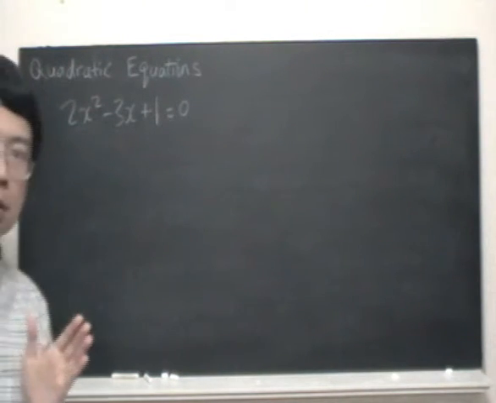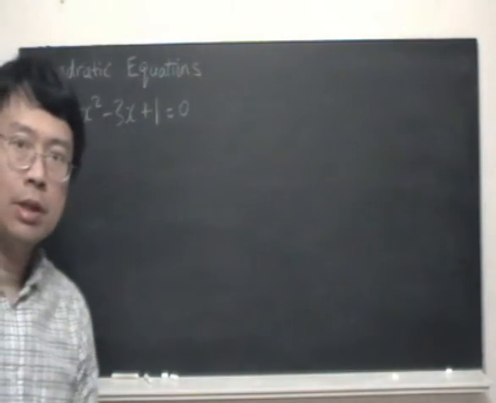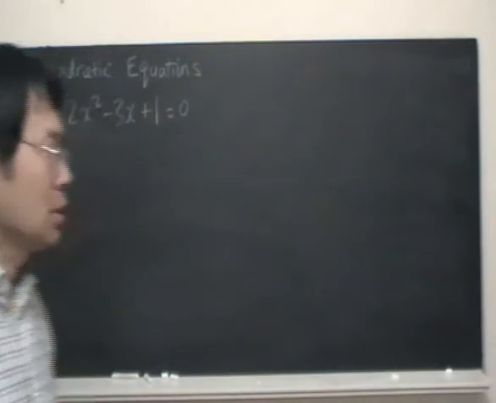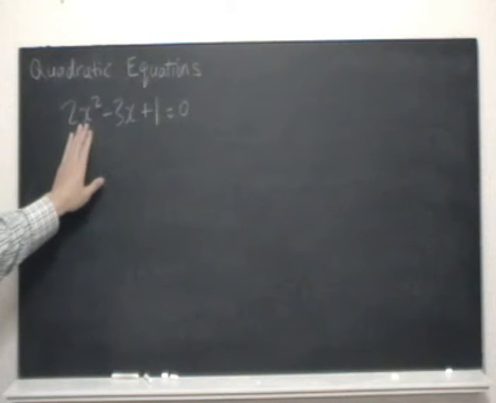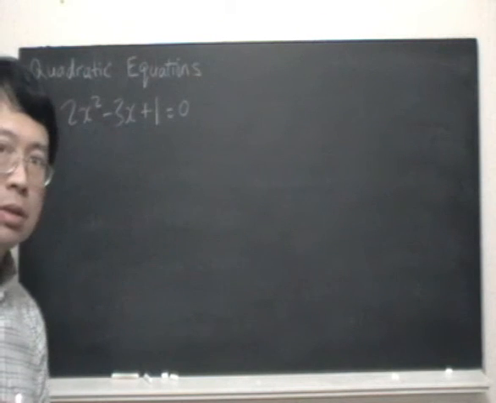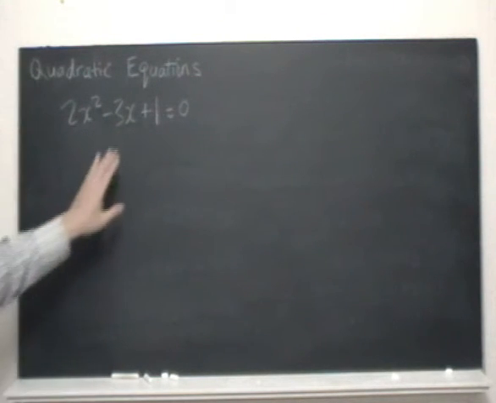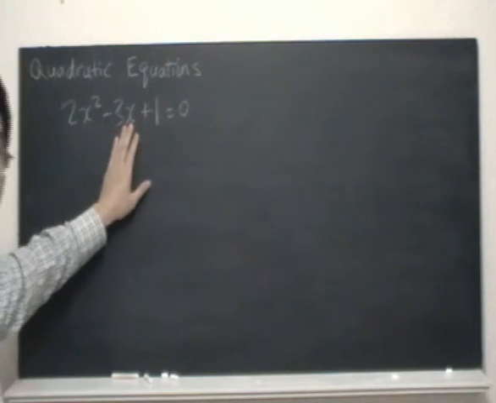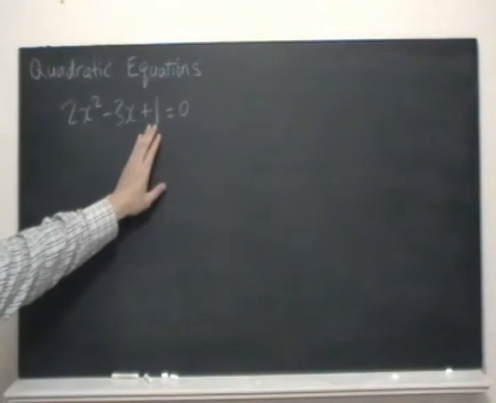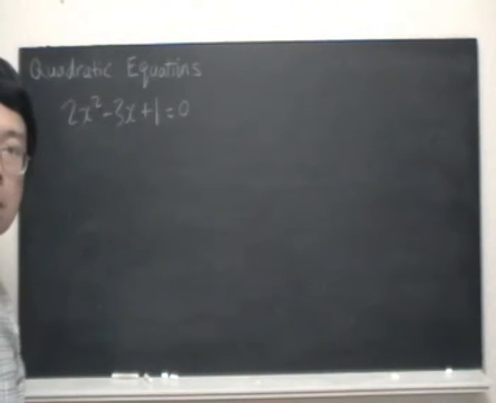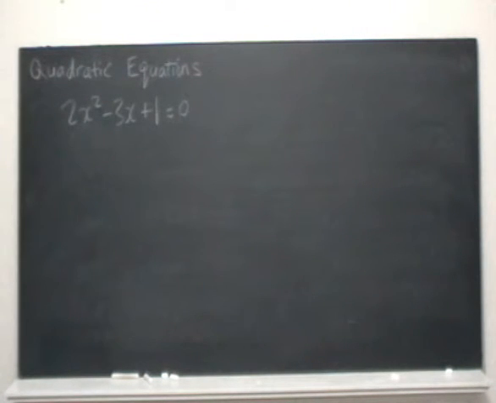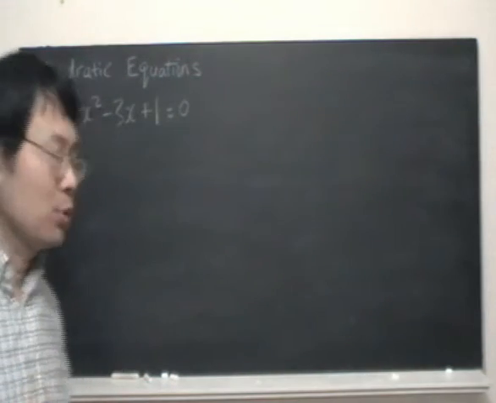A quadratic equation is a type of equation that has an x squared in it. It can also have just x, and it can have just numbers. So let's look at a few more examples.